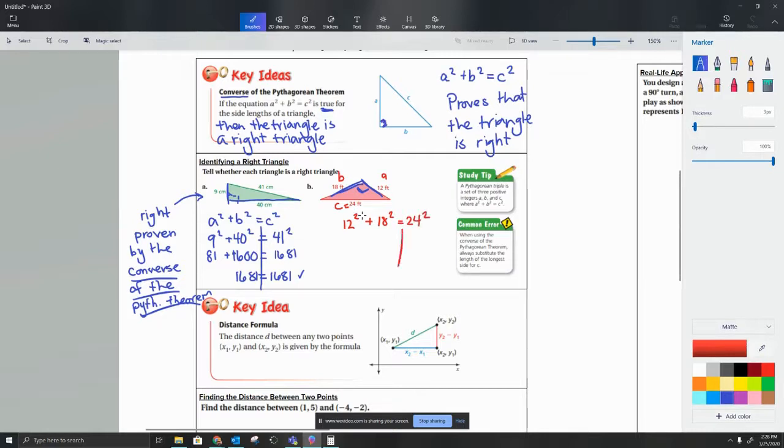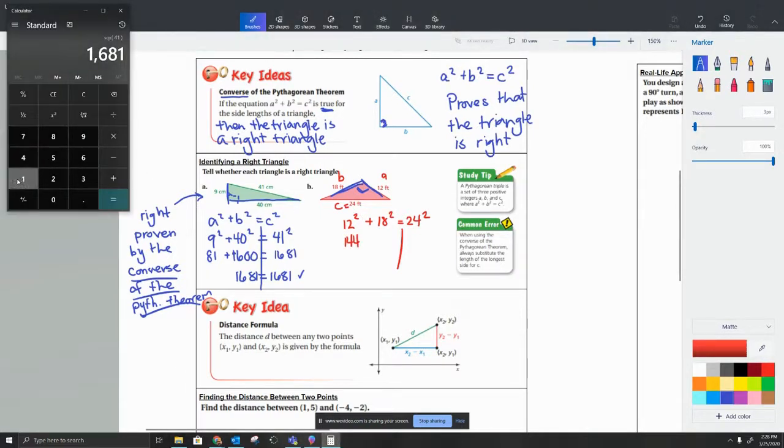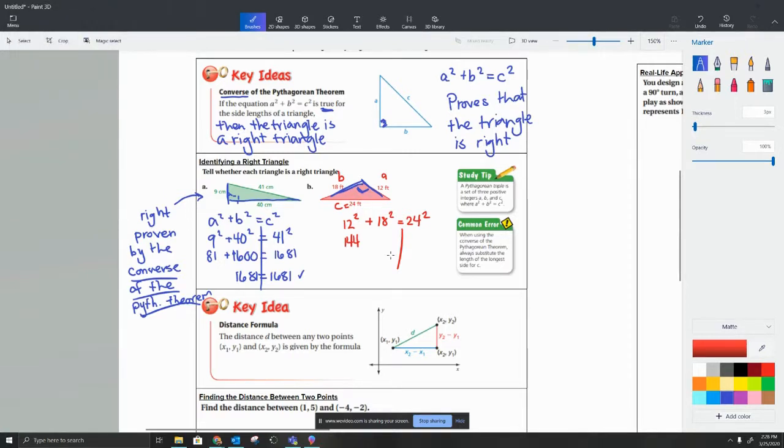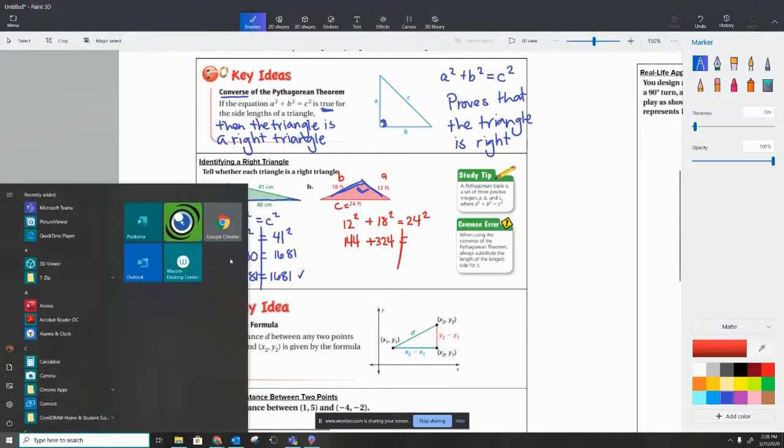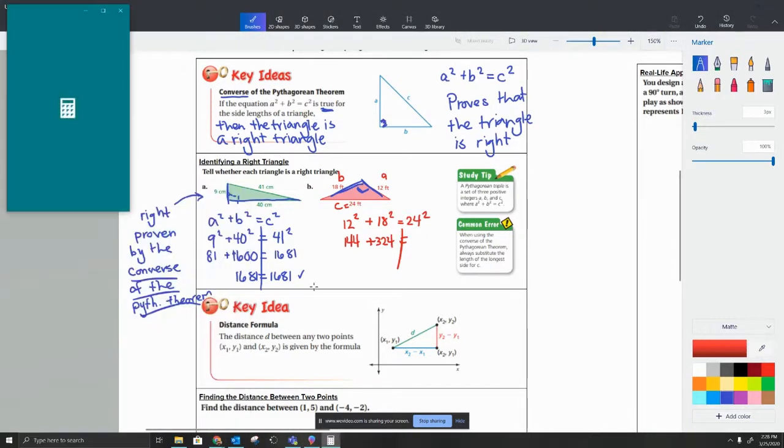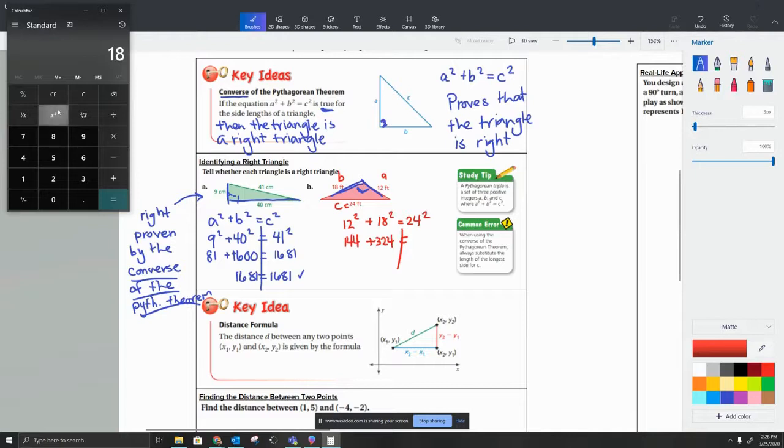So go ahead and do the math. 12 squared is 144. 18 squared is like 256 or something. Oh, nope, 324. Okay, so 324 and 24 squared. Let me just double check that again. Yep.